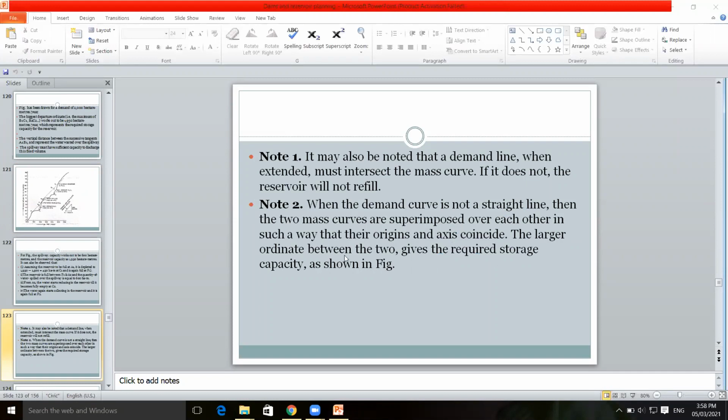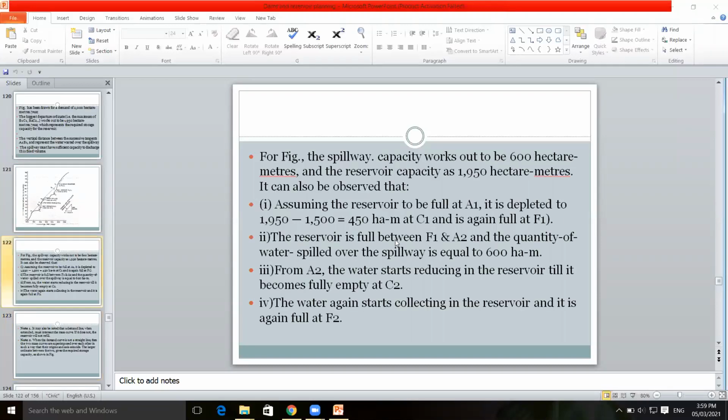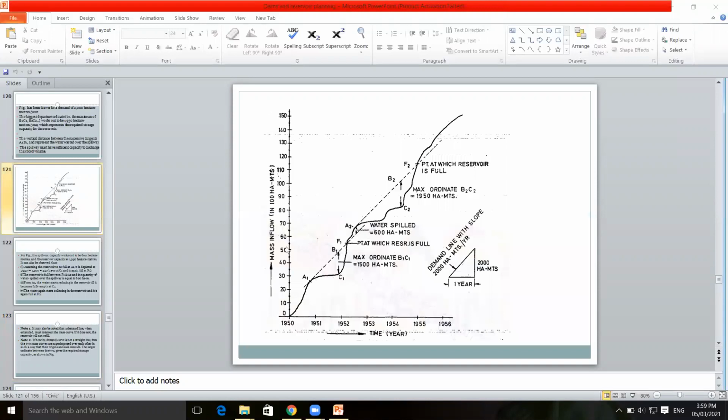And the larger ordinate between the two will give the required storage capacity of the reservoir. These are the two notes to keep in mind while drawing the graph of mass inflow against time in years.